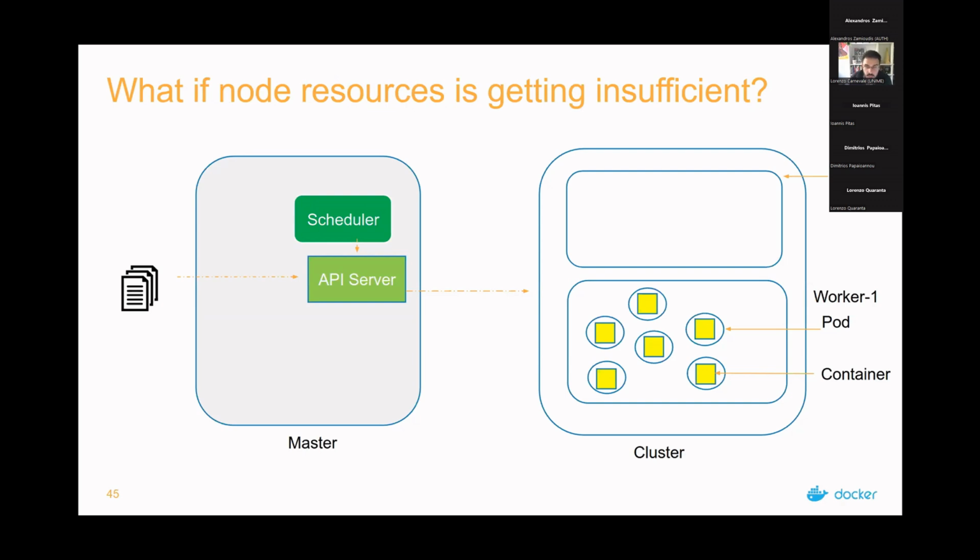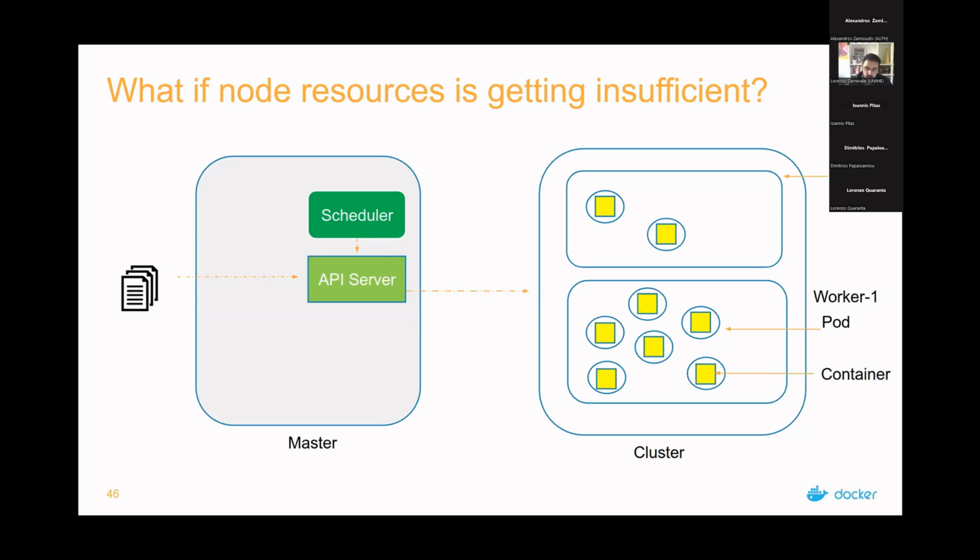create a new worker. Okay, now we have the worker 2, and then we move or we add new containers within the worker 2. So in this way, our workers could be load balanced, for having a decreased overload of computation and communication.